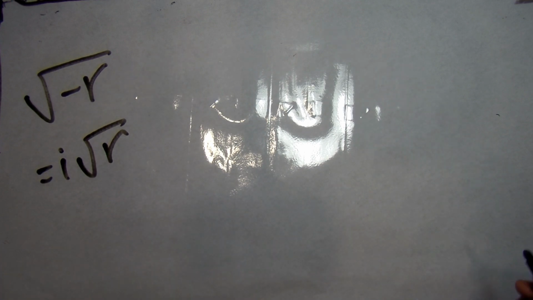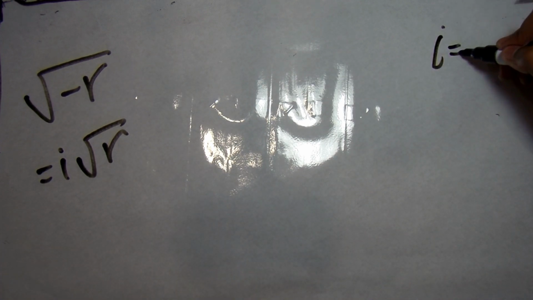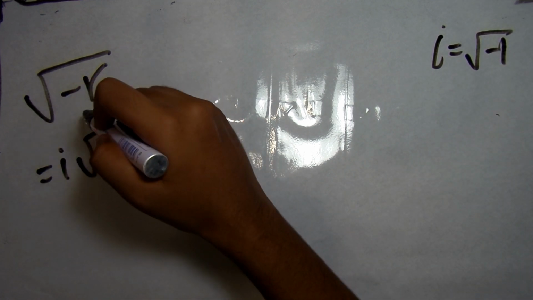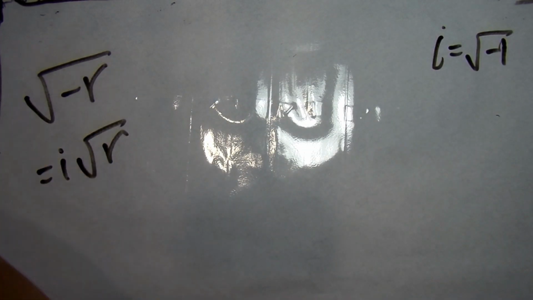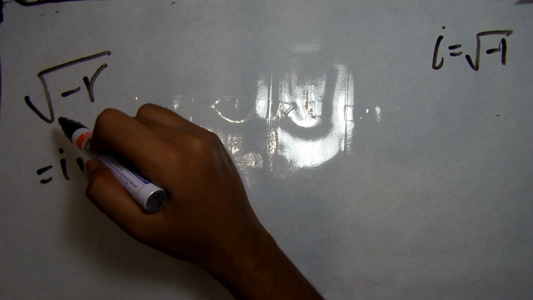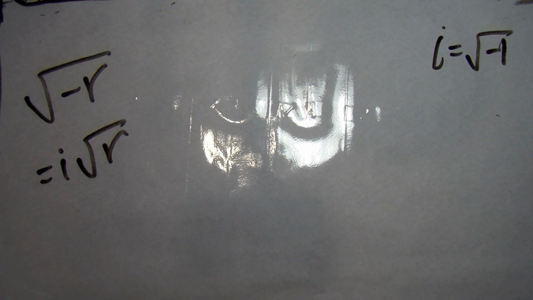And the i, as we remember it from the start, is equal to the square root of negative 1. So fundamentally, from the real number, we are splitting the negative part of the real number, because a negative number multiplied by a positive number gives a negative number. So we are essentially removing the negative part. The square root of any negative integer is equal to i times the root of that positive integer.